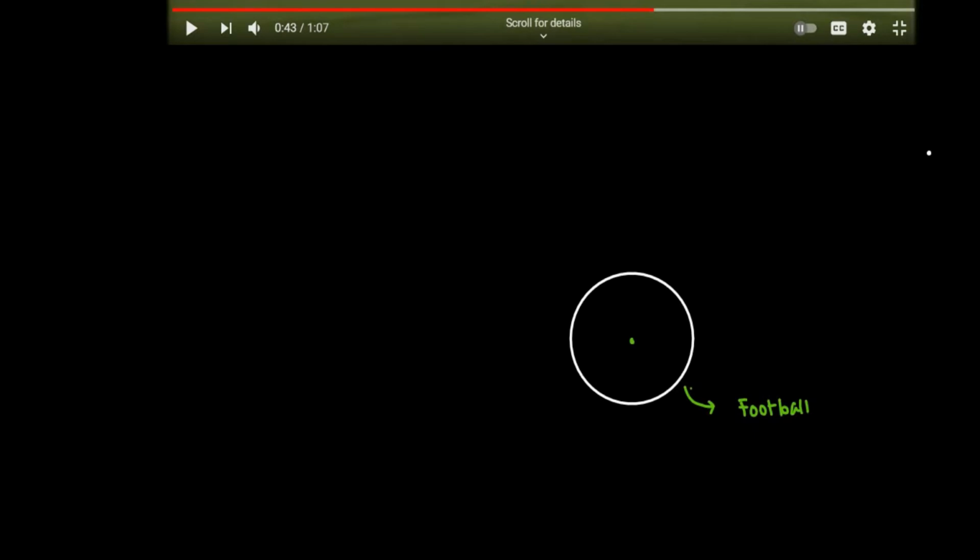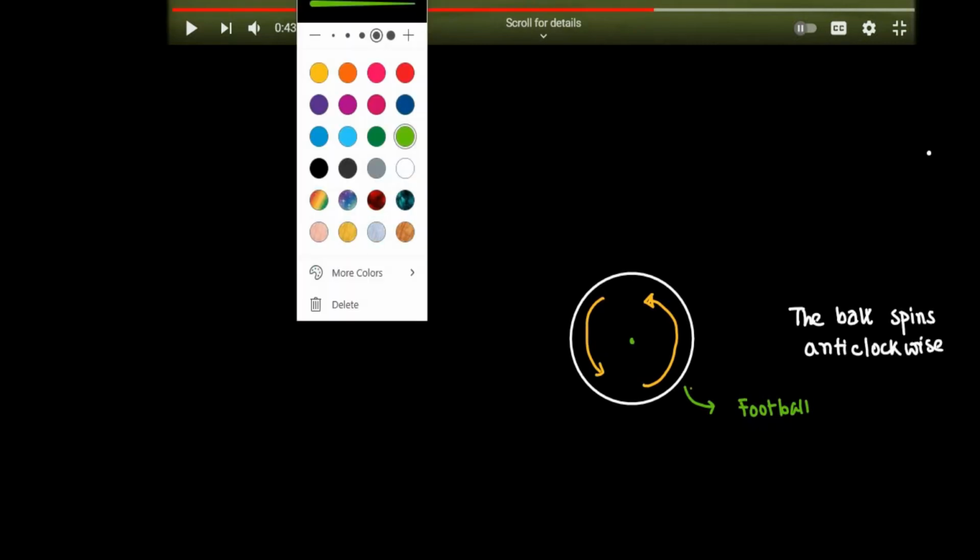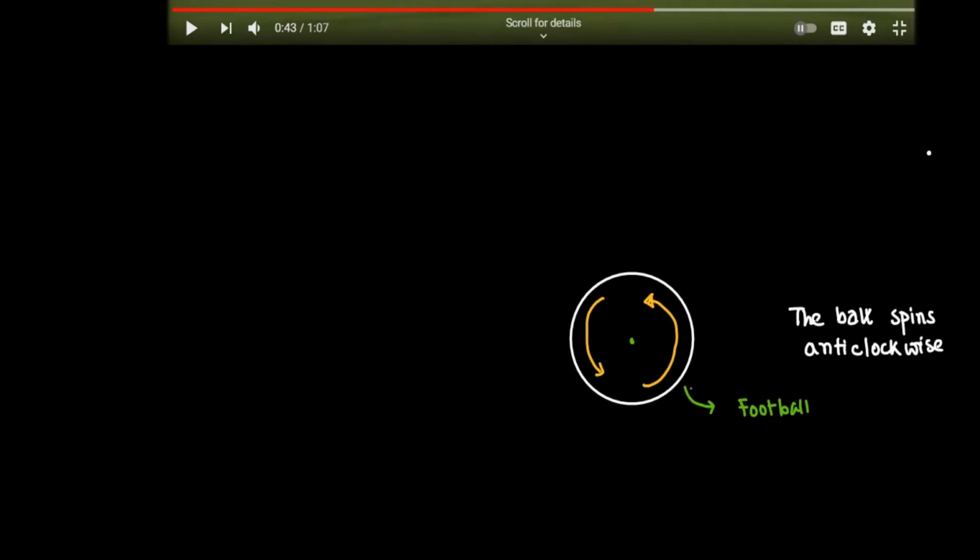This is the football, and it was struck tangentially, and the football rotates or spins about its own axis anti-clockwise. In the diagram, the ball spins anti-clockwise, and air is flowing in the opposite direction.